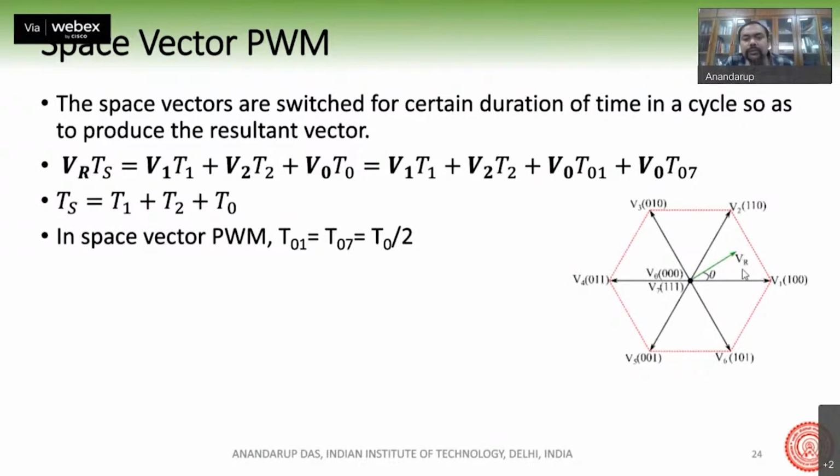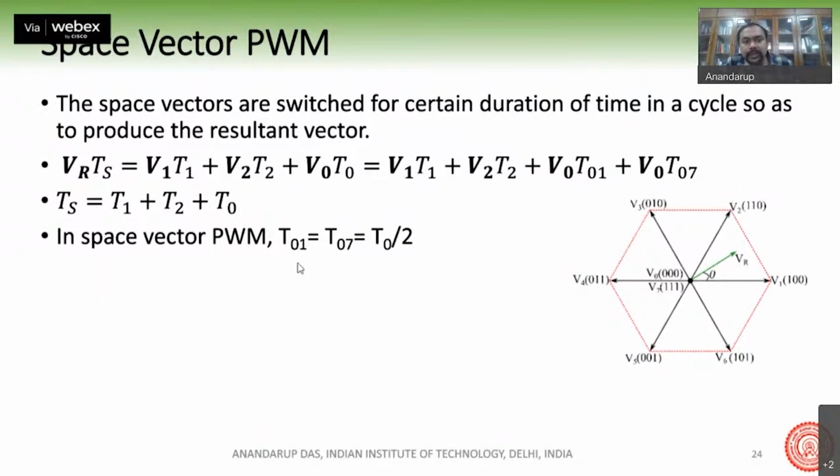So we are trying to produce one space vector VR, and this space vector can be realized by switching V1 for a certain duration, V2 for a certain duration, and V0 for a certain duration. Okay, by using these 3 vectors, we will be realizing the reference vector VR.